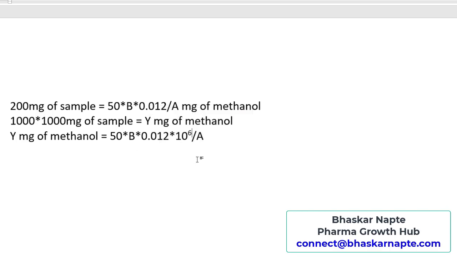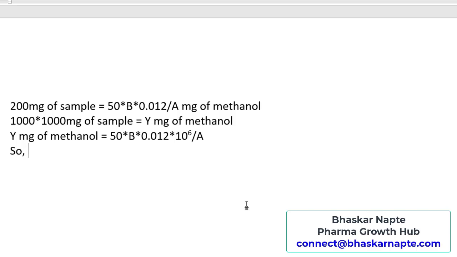Now this is the content of methanol present in 1 kg. Yes or no? Let me put it in the next line.